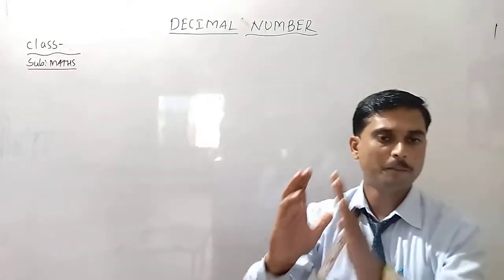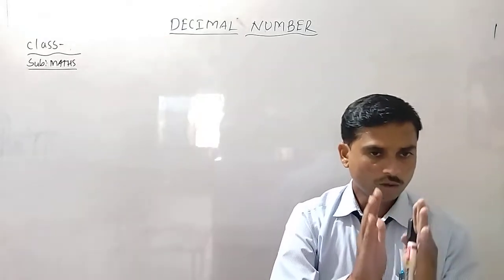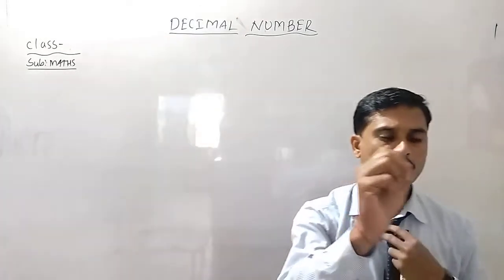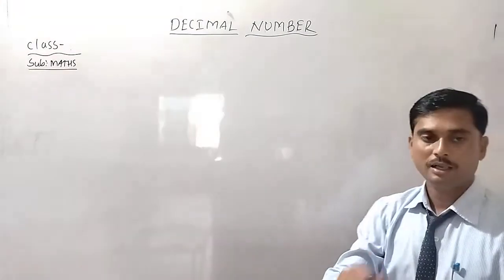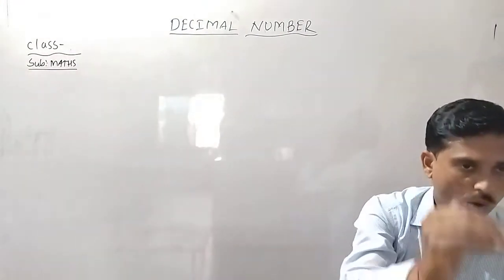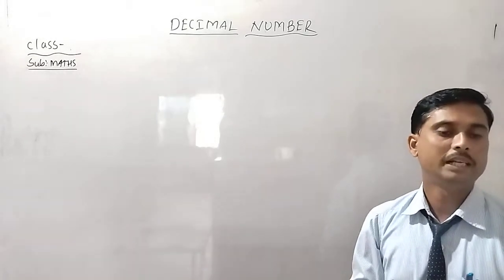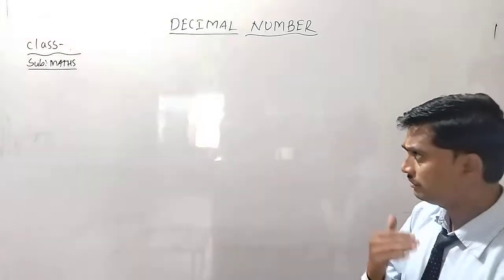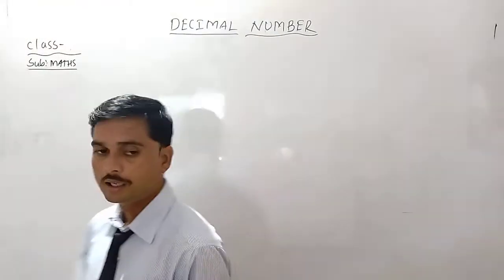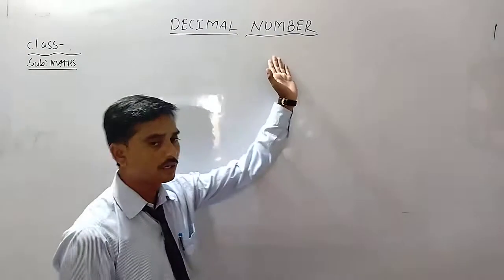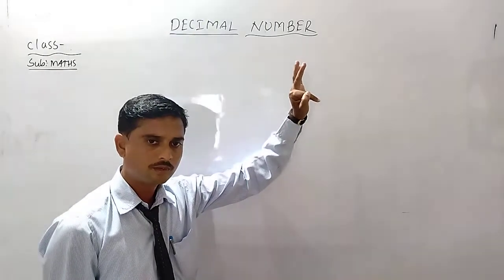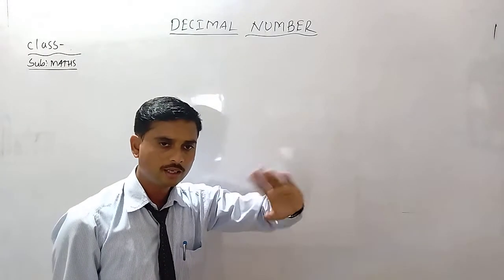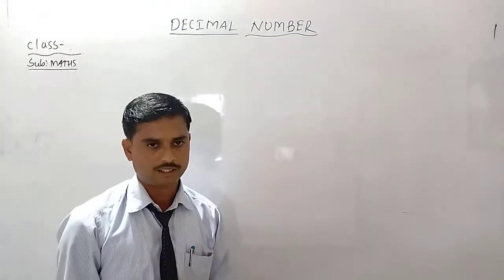Fraction is a part of the whole number. It is not a whole number. Then a decimal number is also a part of the whole number. It is not a complete number. That's why we call decimal numbers and fraction numbers one coin, two faces.